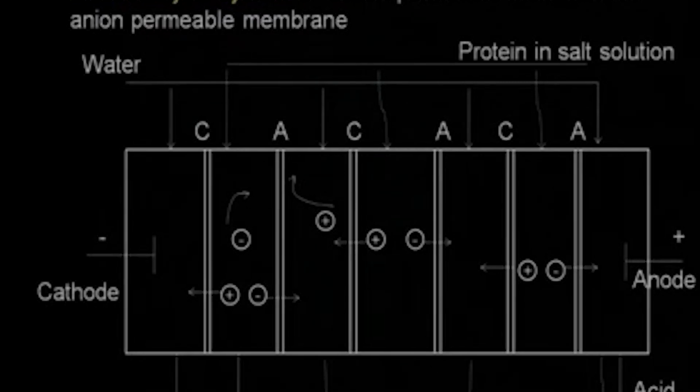So I can nicely recover my protein from the alternate chamber which is in water medium, and all the salts would have gone to the alternate chambers. This is how electrodialysis does its job, very interesting.